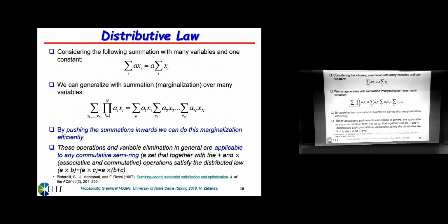These ideas are applicable to what are called commutative rings, which come together with the operations plus and multiplication. So this is the associative, commutative, distributive law, generalizing for elements A, B, and C in this commutative ring, the property that you see here.